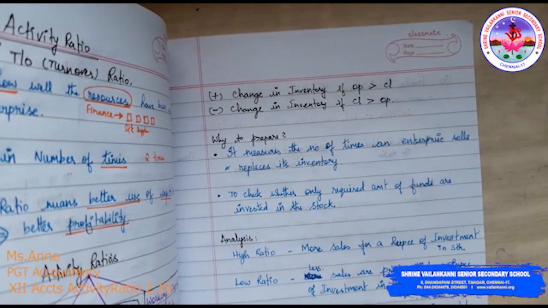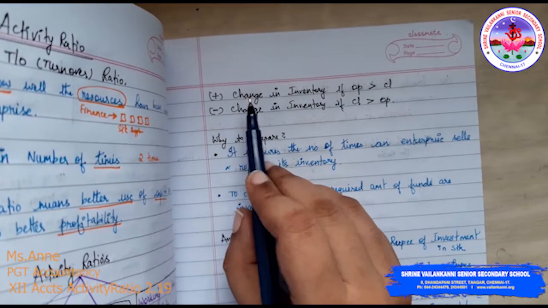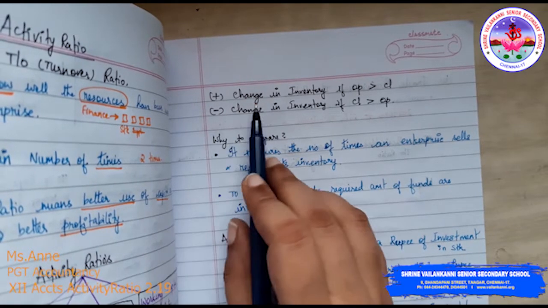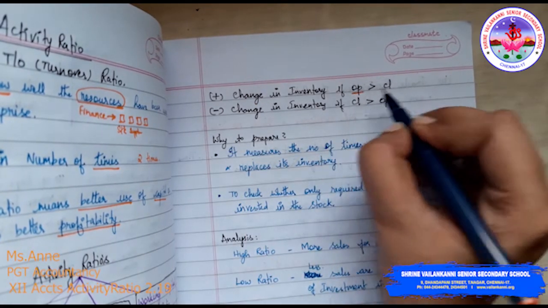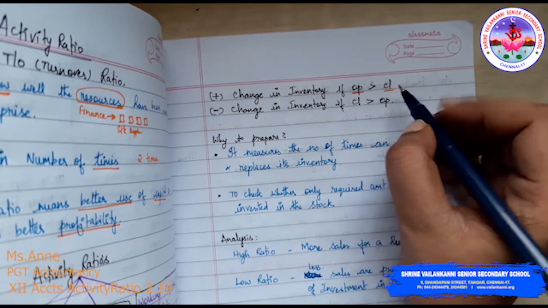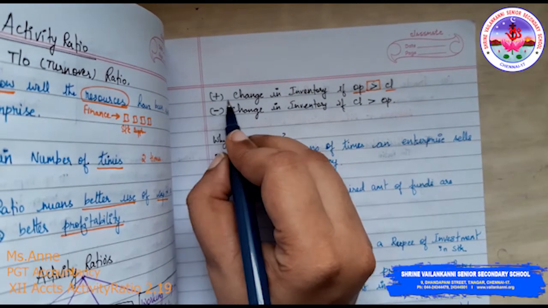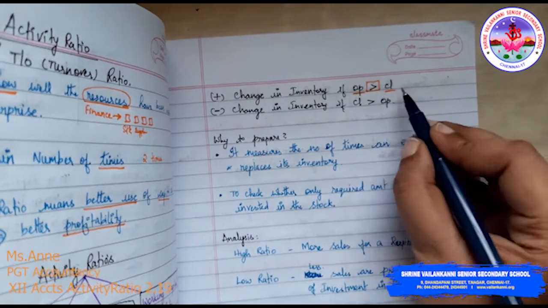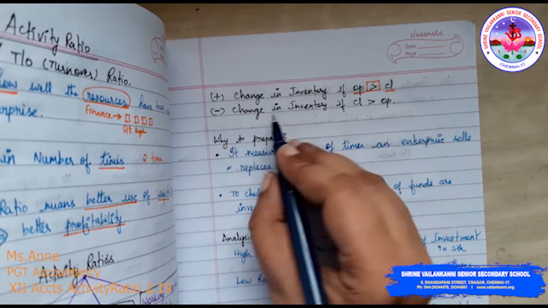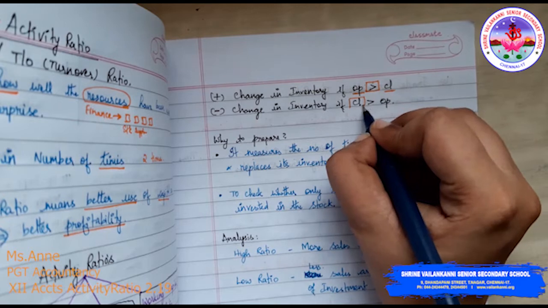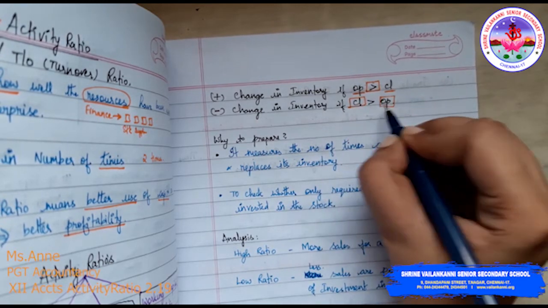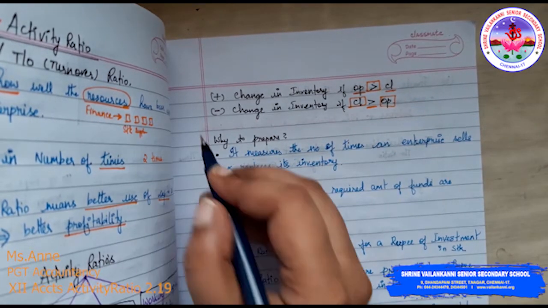If the opening is more than the closing, you need to add. Opening is more than closing, add. Closing is more than opening, you need to deduct.